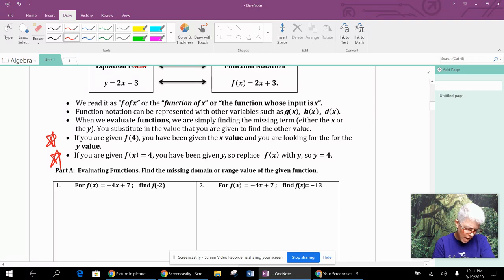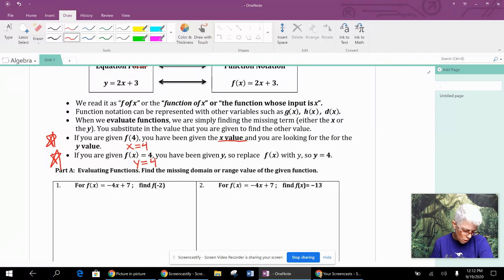If you are given f of 4, you have been given the x value. So this means x is 4. If you're given f of x equals 4, if it's written like that, you are given the y value. That is the most important thing you're going to need to remember, because if you can remember that, everything else is the same stuff you've been doing.